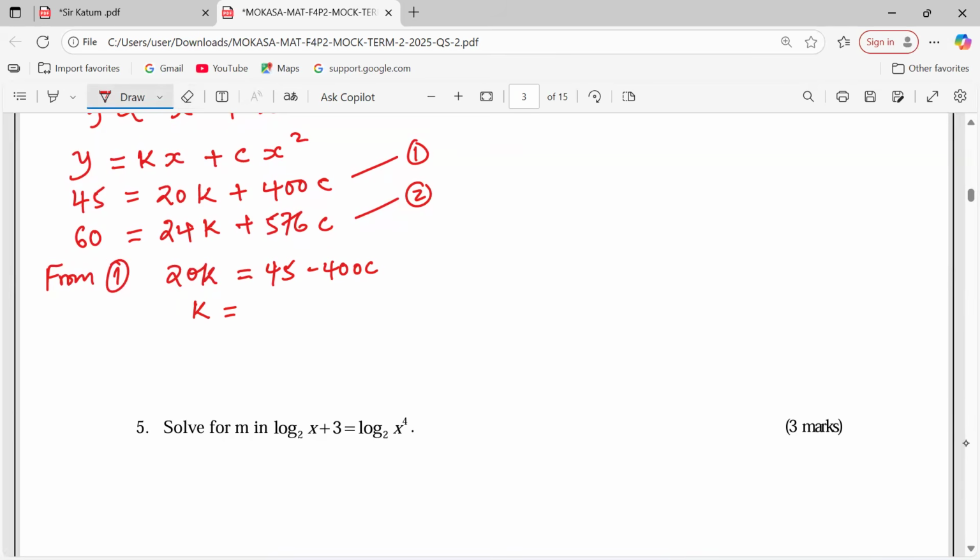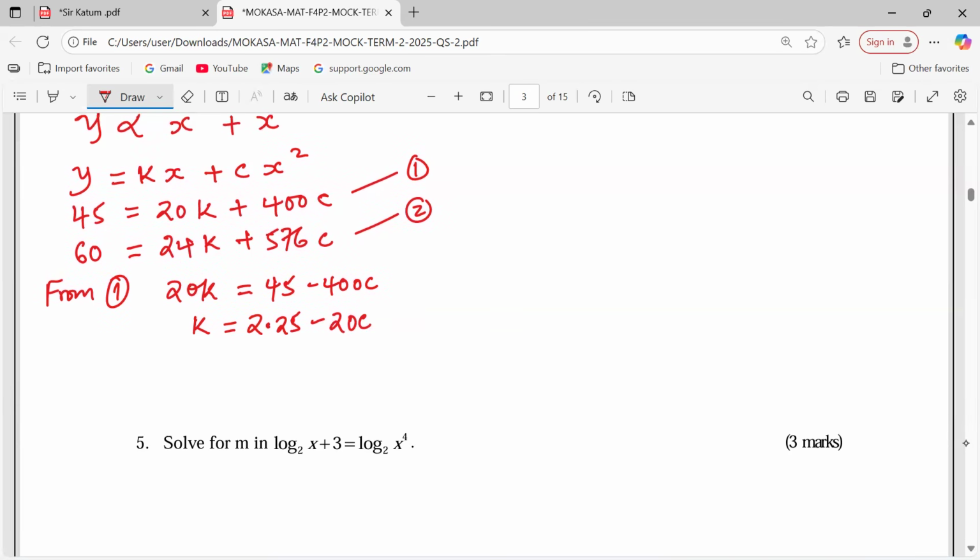This gives us 2.25 minus, when we take 400 and divide by 20, we're getting 20, the value of c. Now that from equation 1, we have expressed k, equation 2 can be rewritten.